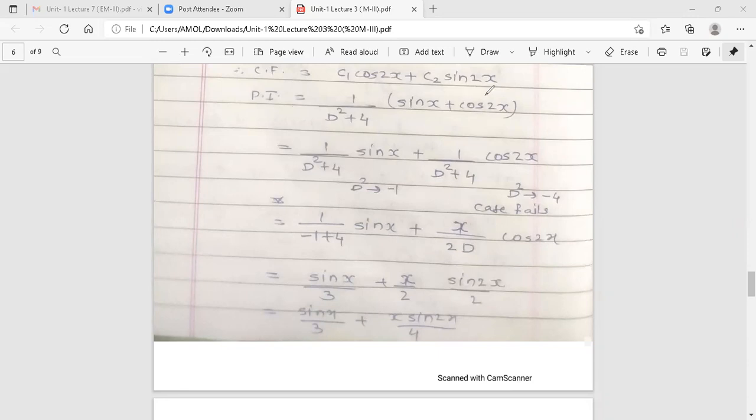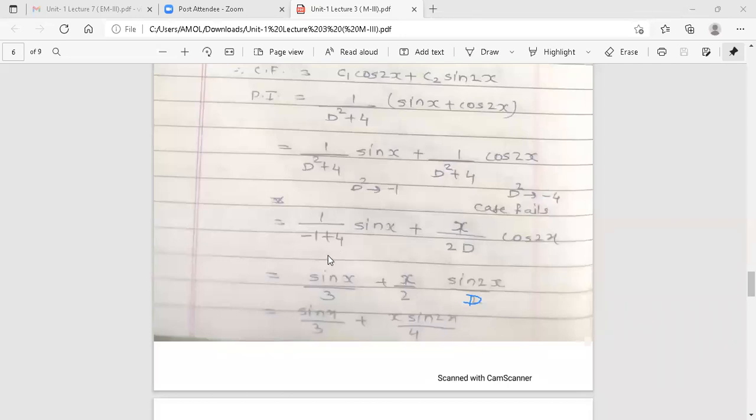And this is D here. The term is here D. Okay.